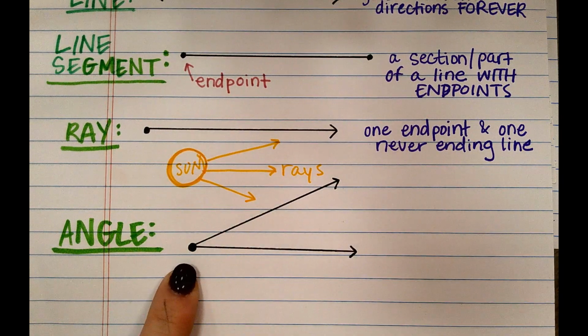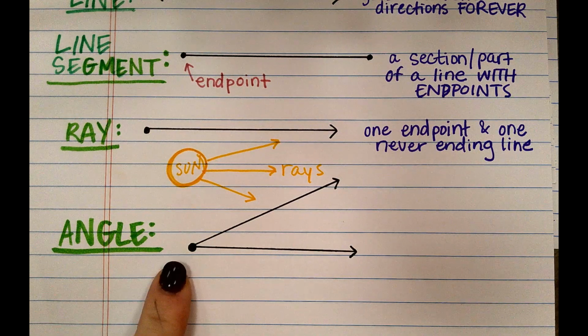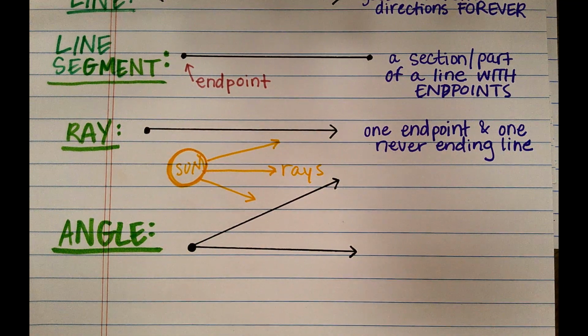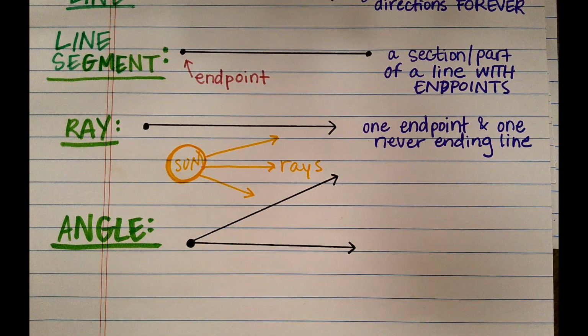Does anybody know what this point would be called in an angle? It's a real out of left field word. Ooh, this would be an acute angle, yes. Not the name of this point. As soon as I say it, you're gonna be like, oh my god, I knew that.